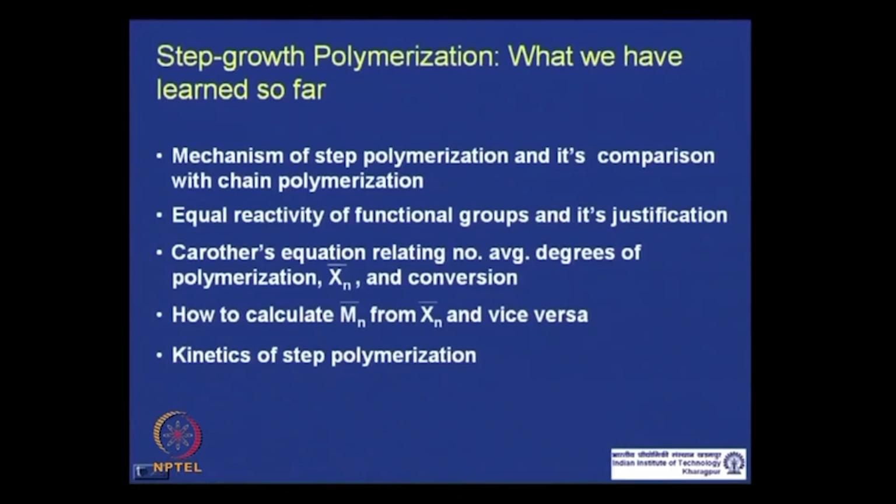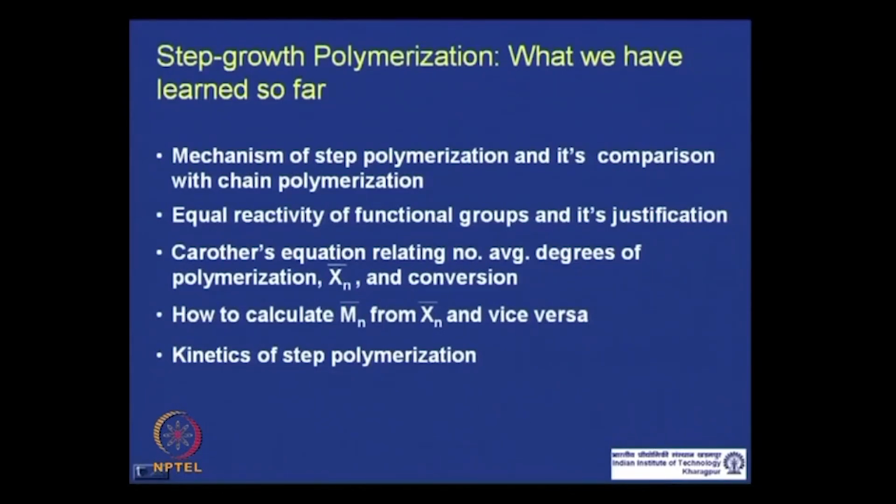And we also saw that it is experimentally proven that once the length of the chain goes beyond the trimer, the reactivity actually becomes independent of the chain length of the oligomeric species.